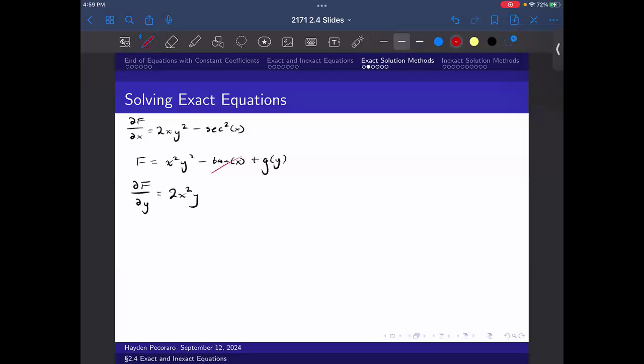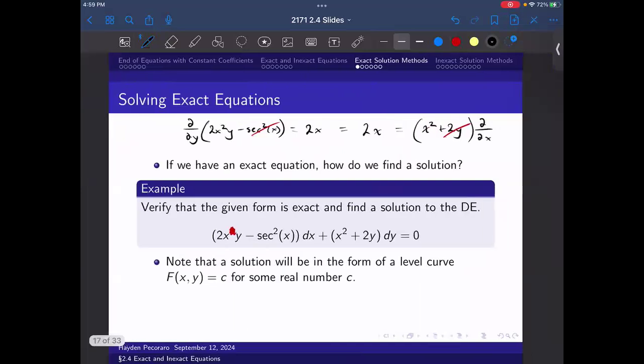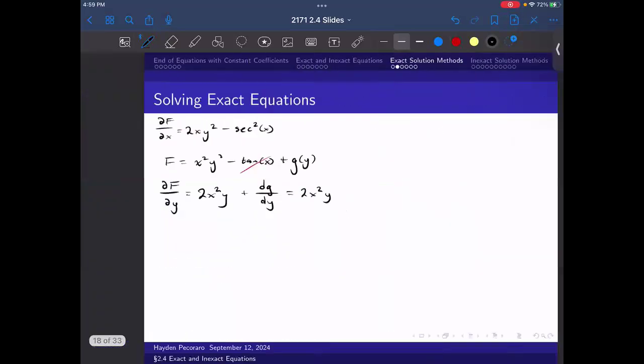This part goes away. And then we get plus dg dy. All right, and what does that have to be equal to? Let's see, it was 2x squared y. Oh no, x squared plus 2y.